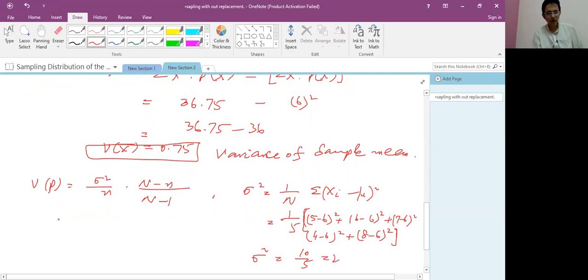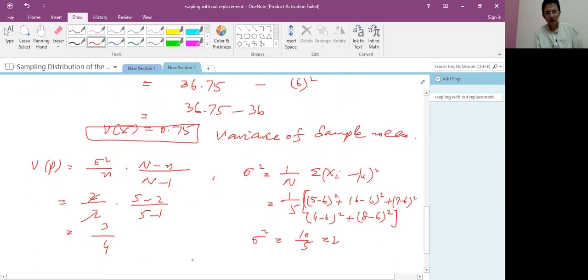So when we put here, student, sigma square is 2, n the sample size is 2, population N is 5: 5 minus 2 upon 5 minus 1, means 3 upon 4, or 3 upon 4 means 0.75.